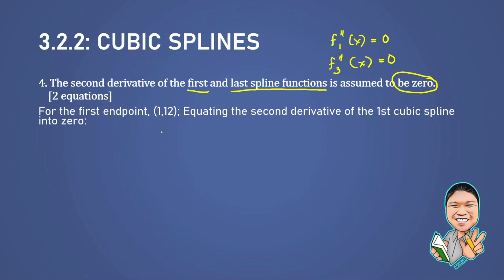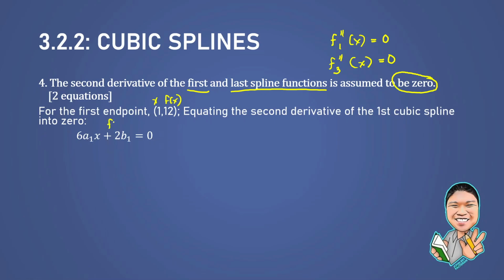So, the first endpoint is (1, 12). So, this is x, f of x. And of course, the only one connected to the first endpoint is our first spline. So, equating the second derivative of the first spline to 0, what comes out? Remember, this was our first derivative.